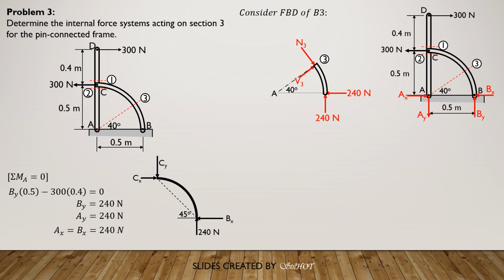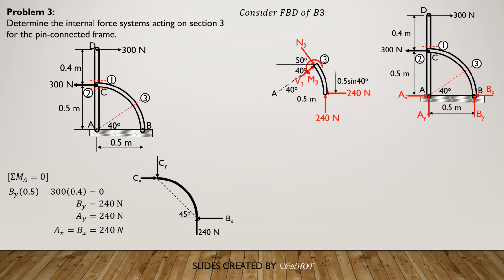And the moment should be counterclockwise because the moment of the 240 newton horizontal force is greater than the moment of the vertical force. So this angle here is 40 degrees and the angle that N3 makes with the horizontal is 50 degrees.